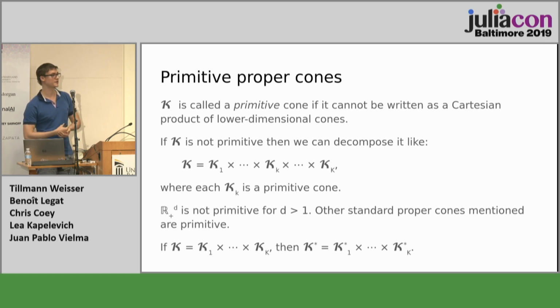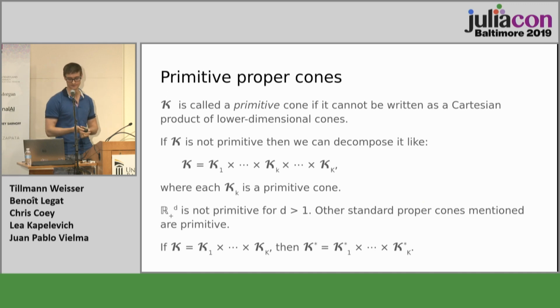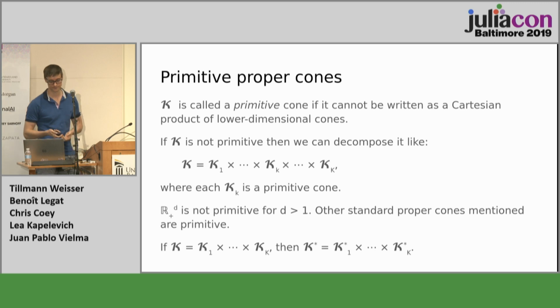For example, the positive orthant is not primitive if the dimension is greater than 1, because it's just a product of positive orthants of dimension 1. The other standard cones that I mentioned before are primitive. Furthermore, if your cone K can be written as a Cartesian product, then its dual cone is just the Cartesian product of the primitive dual cones.